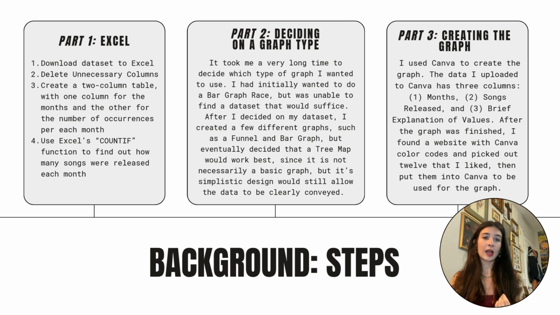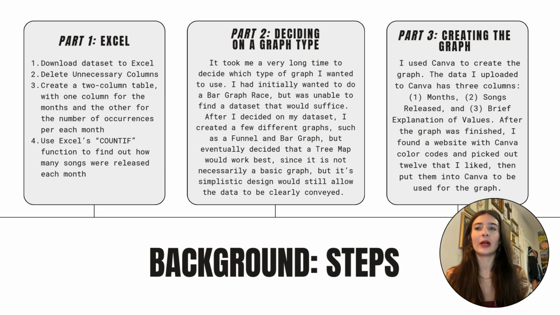It took me a really long time. I wanted to do a bar graph race before I had even found a data set to use, but I couldn't really make that happen with this data set, and I settled on a tree map, but I really had wanted something cooler, but I'm pretty bad at this, so I went with a tree map.